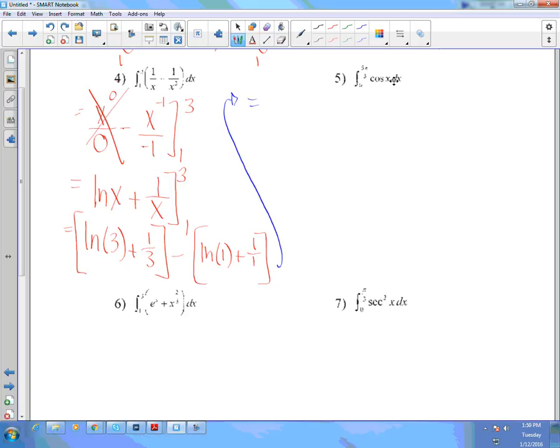The natural log of 3 and natural log of 1, are they going to be like terms? They're both logs, but their parts are different, so they're not like terms, right? So we have natural log of 3, minus natural log of 1.